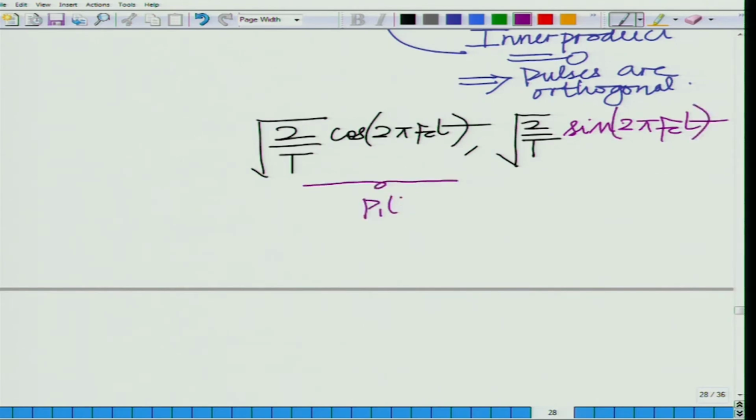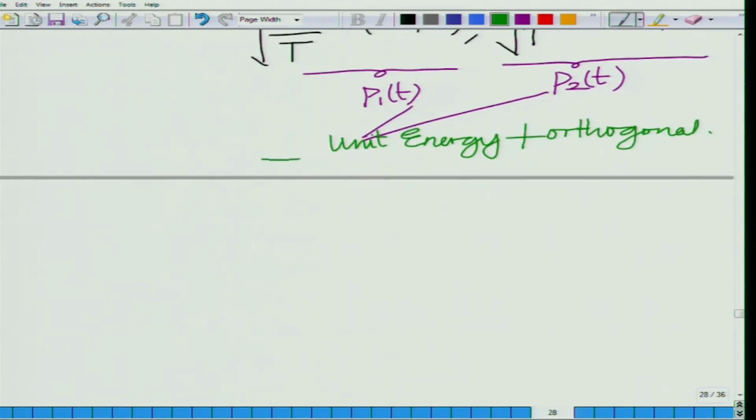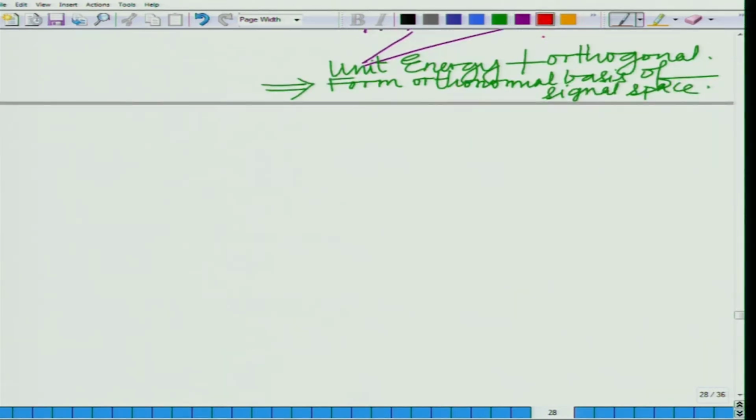These two pulses p1(t), p2(t) are both unit norm, unit energy, plus orthogonal, which implies they form the orthonormal basis of a signal space, okay.